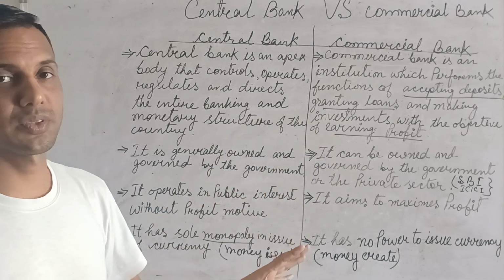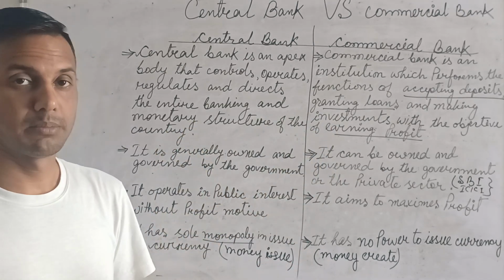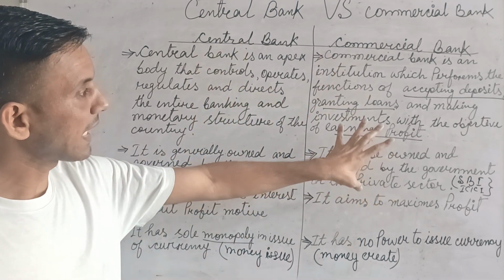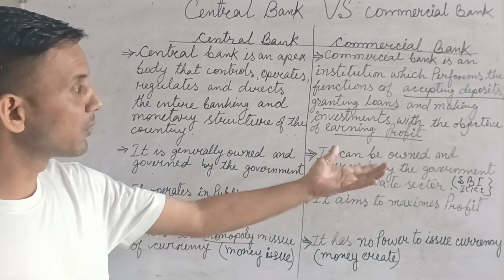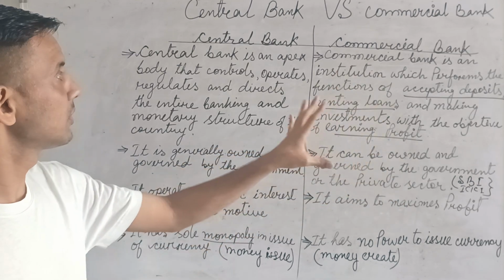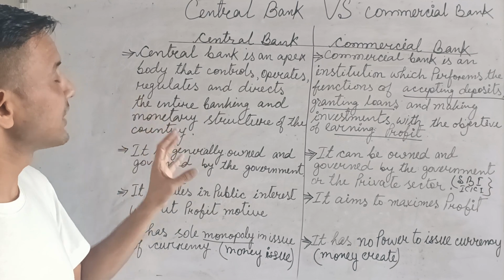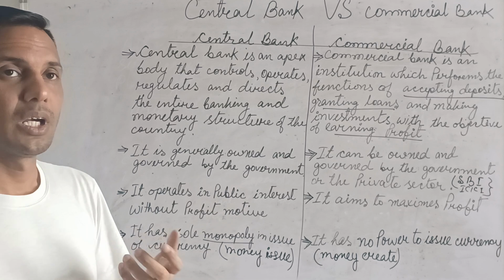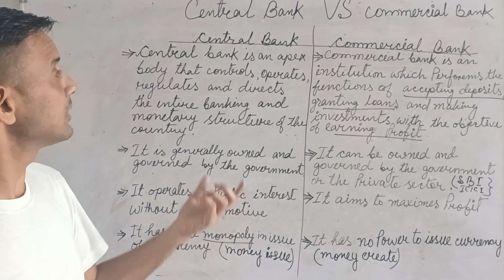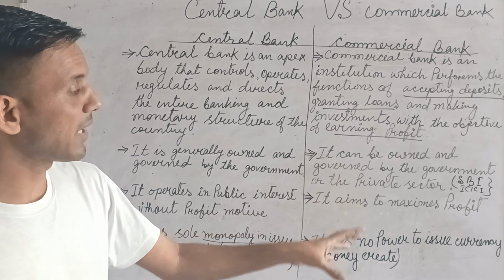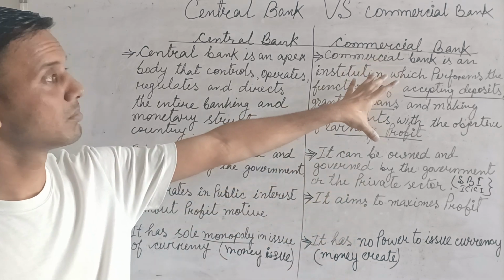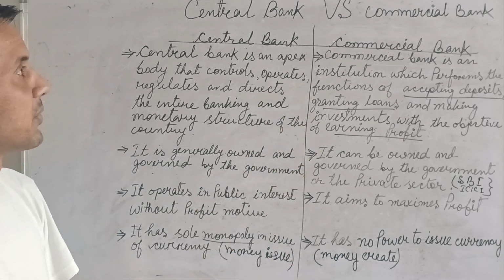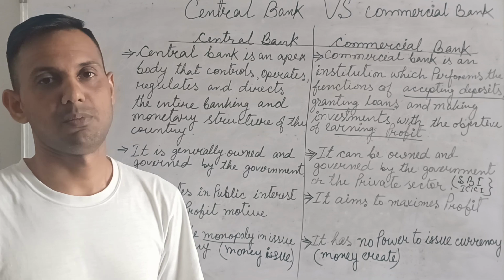So as normal citizens of India, we can directly save our money or borrow money from a commercial bank, not from the central bank. We are not directly related to the central bank, but we are directly related with the commercial bank. Clear? These are the differences between a central bank and a commercial bank.